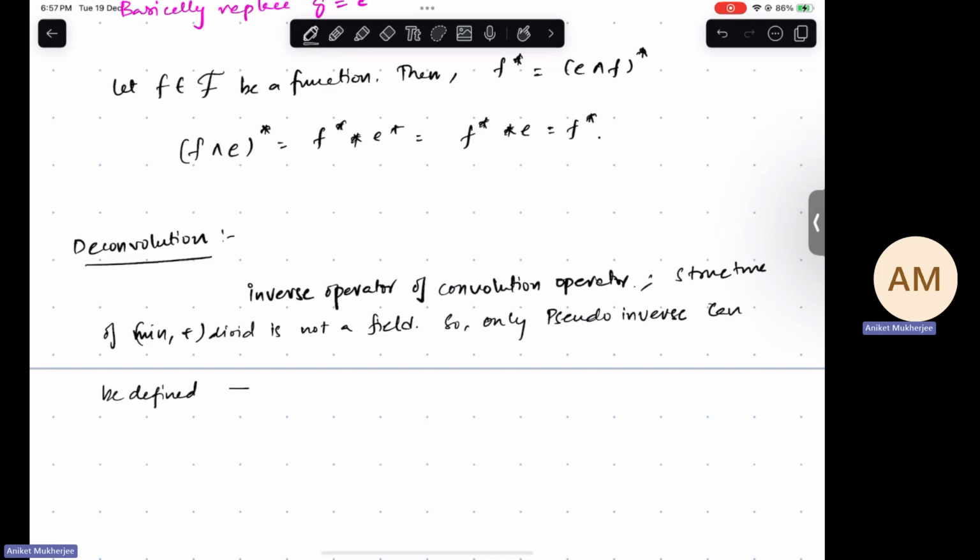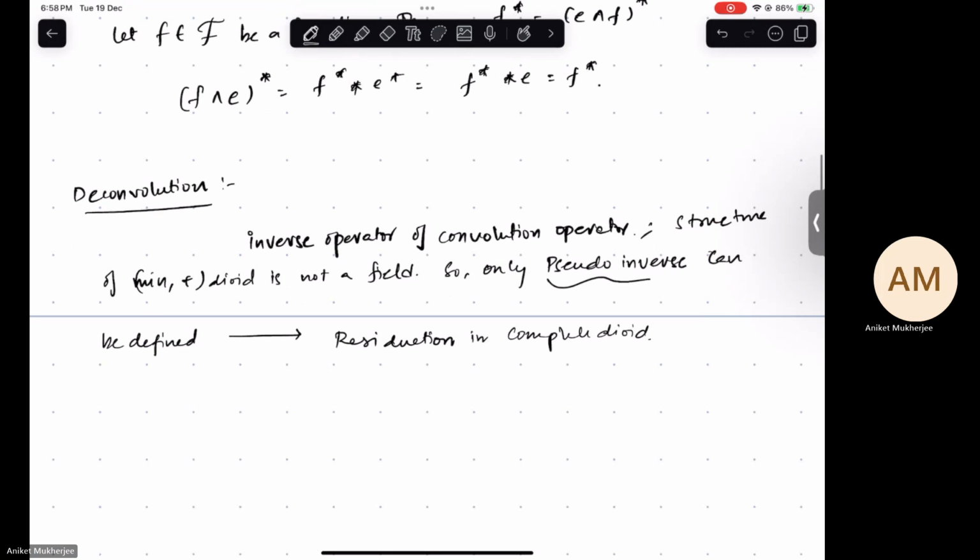So first we'll try to define the pseudo-inverse, or what they call residuation, in a complete dioid.